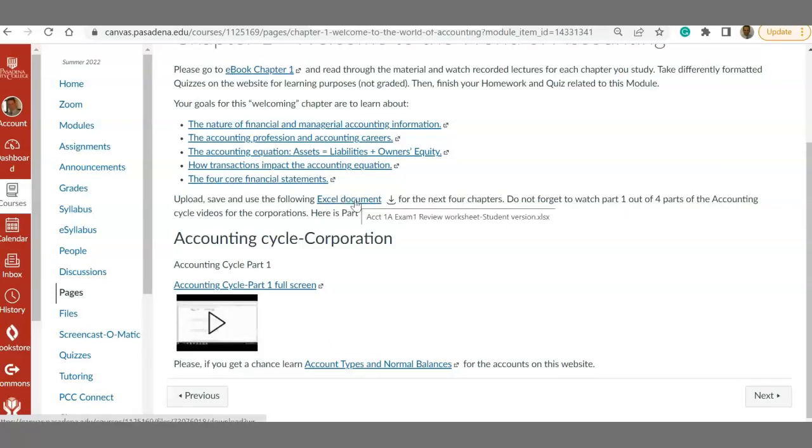So you download the Excel document, you watch the video. After you watch it, you do the same thing. You can even do the same thing while you are watching it. So watch for 5 minutes, go into your Excel document, do the same thing I did. Watch another 5-10 minutes and then do the same thing. And piece by piece, go forward.